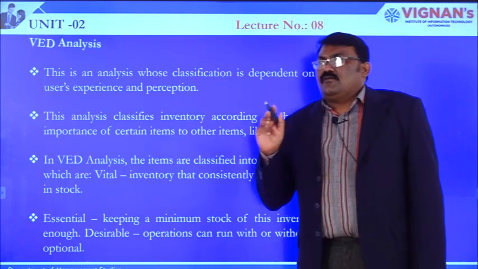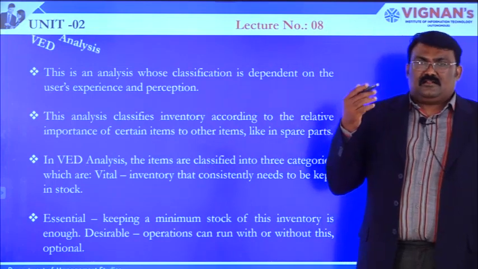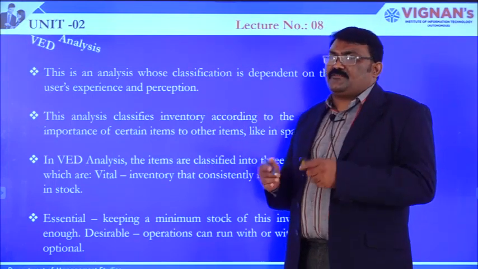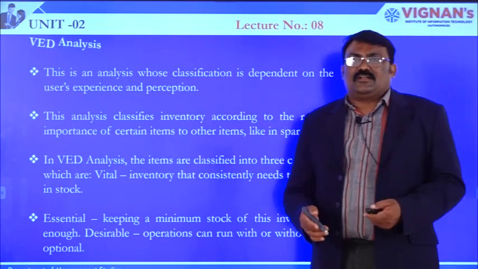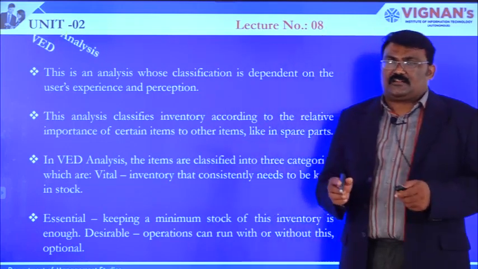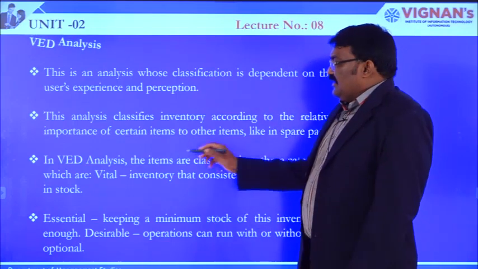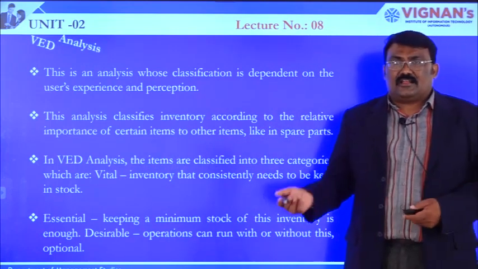Without that stock, it may end up being problematic for an organization in terms of the manufacturing or production unit. So, mandatorily the V category of product should be there in the stock, because the availability of that raw material cannot be there on a regular basis.